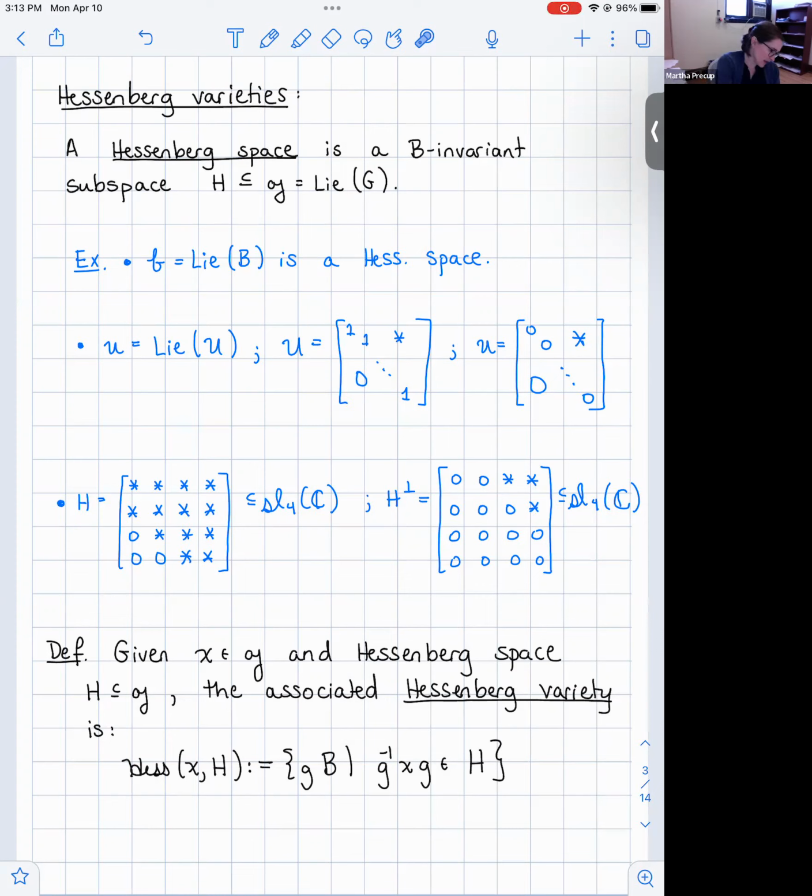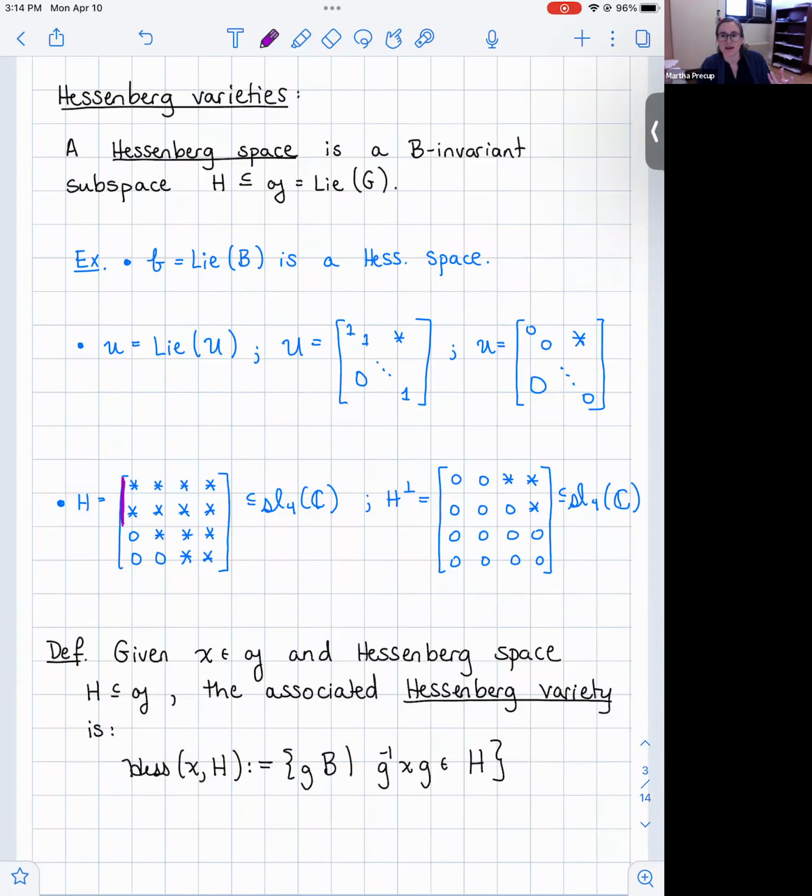And you can sort of see, I hope, that these things, especially in the type A setting where I'm working over SLn, are very combinatorial in nature. So let's just point something out here. If my Hessenberg space has certain entries prescribed to be non-zero, because of the way the adjoint action of B works, here I'm just talking about conjugation, the action by conjugation. If I take an arbitrary matrix and conjugate it by an upper triangular matrix, what happens?